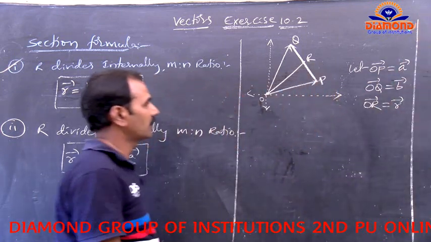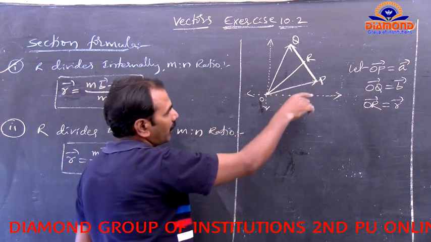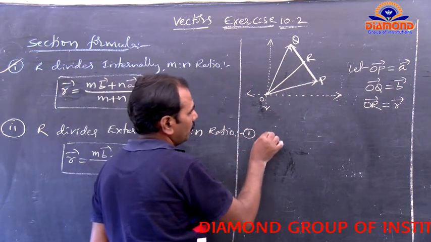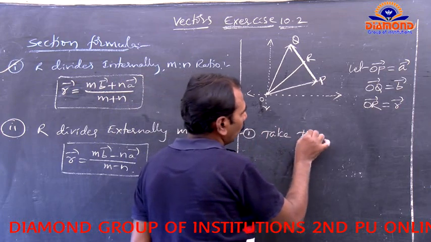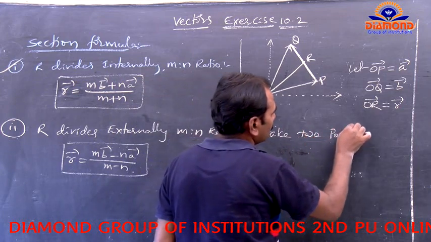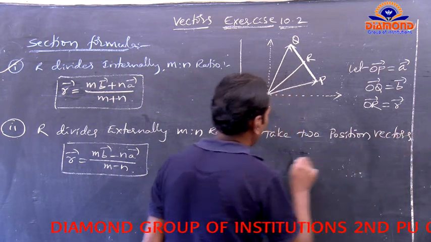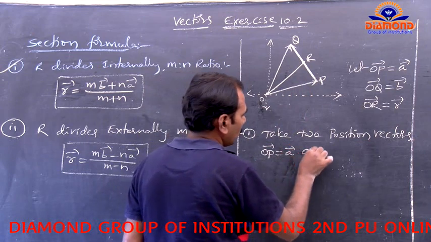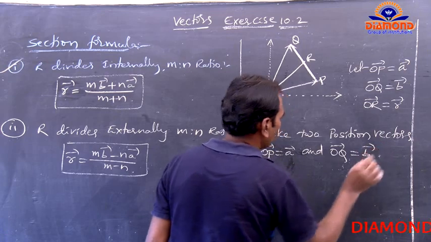So, first condition, take two position vectors: OP bar equal to A bar and OQ bar equal to B bar.